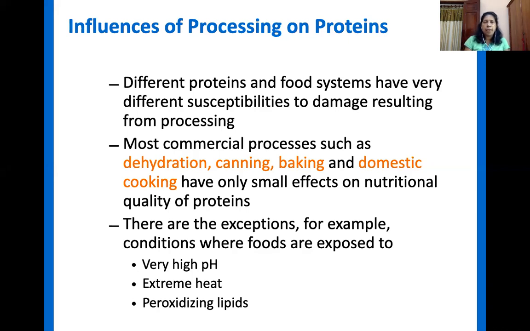In the case of dehydration, you have learned that we can do it by drying under the sunlight. But if you are drying under the sunlight, sometimes the protein can be changed, because under the sunlight we are exposing the product to UV light. But dehydration can also be done using an oven, right?